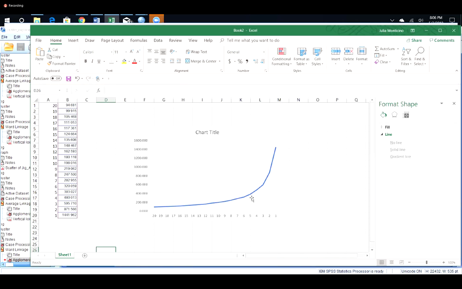There's no absolute true elbow in this curve, maybe around 5, but it's giving me a visual indication of a range of solutions. You can certainly see that you start seeing bigger jumps in the agglomeration schedule around 8, and certainly going from 4 to 3 and 3 to 2, you get big jumps.